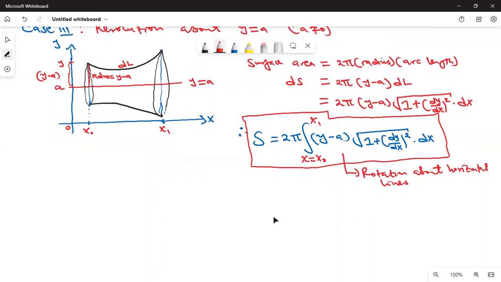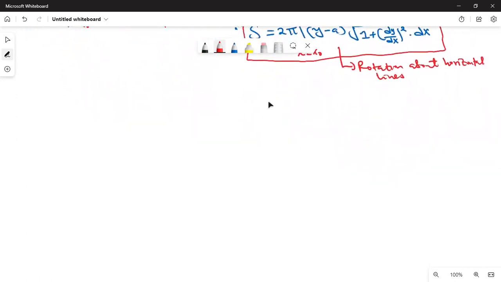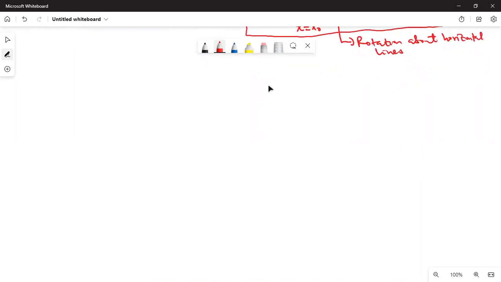Lastly, let's look at when you rotate about any other vertical line. That will be case 4. So you can write here case 4.